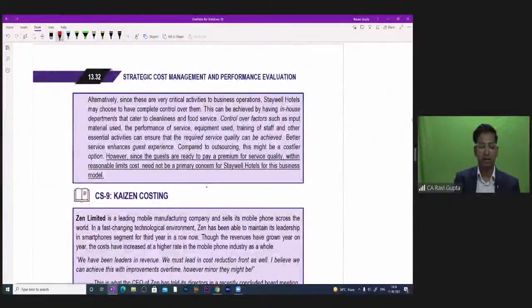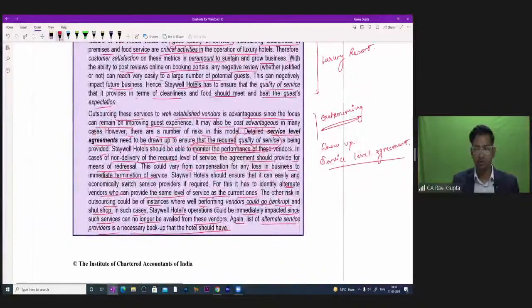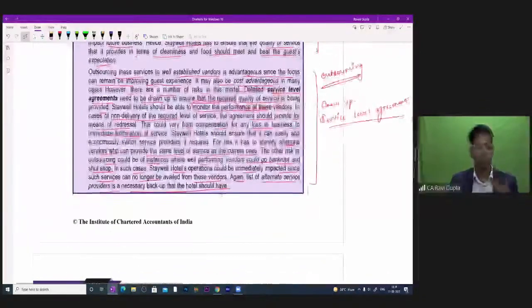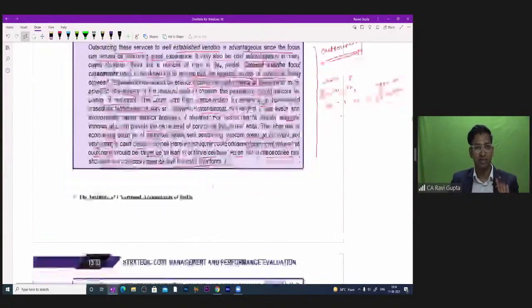These are very critical activities to the business operation. So what we have seen here is the outsourcing. What points do we have to consider, and what could be the risks?